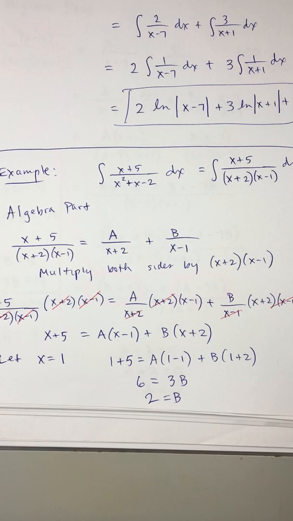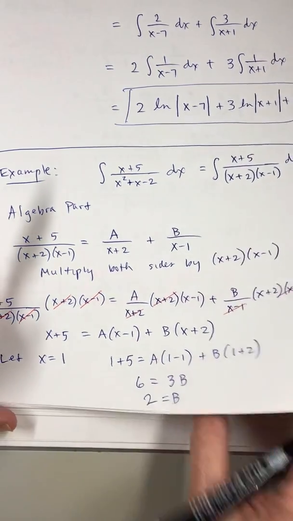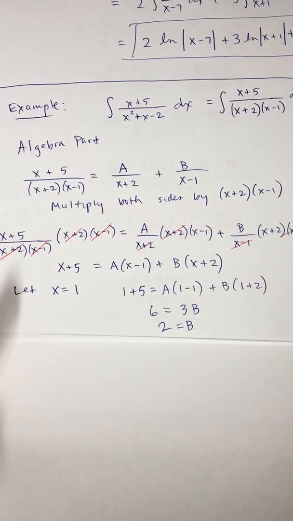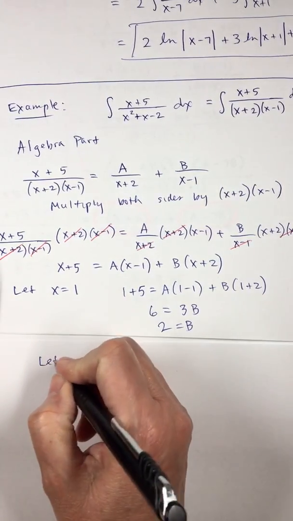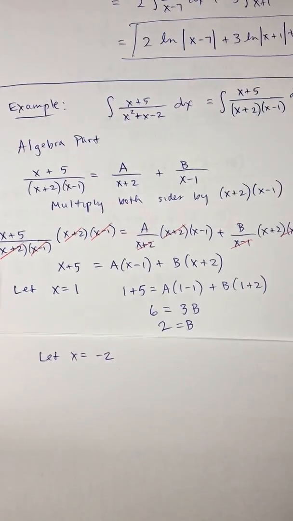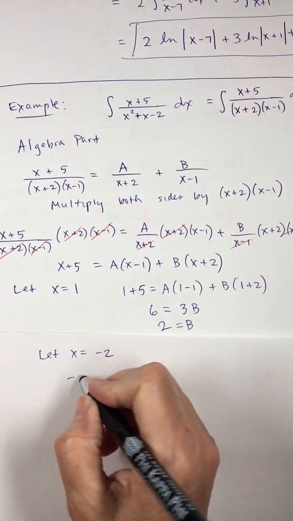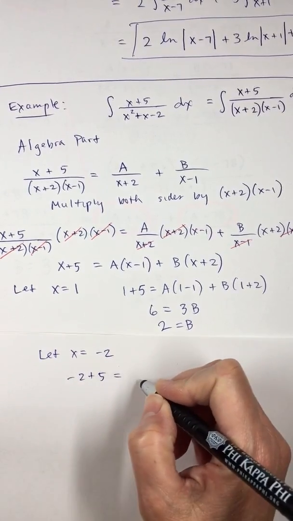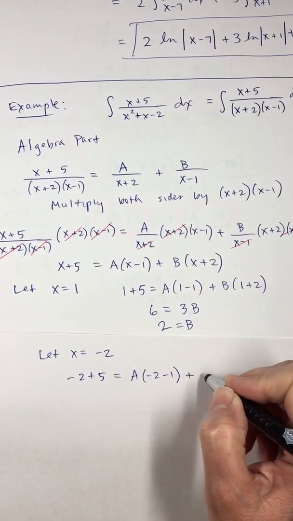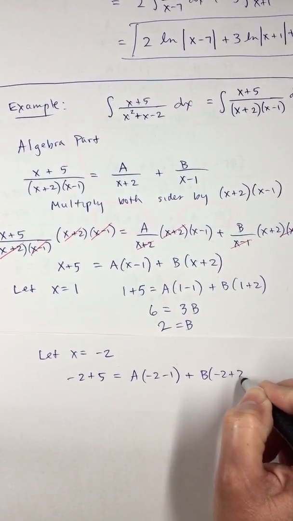Now that you know what b is, you could plug it in, but we could also use this same technique to find a. What could I pick for x so that I find a real easy? Let x equal -2. And then that's going to be -2 plus 5 equals a times -2 minus 1 plus b times -2 plus 2.